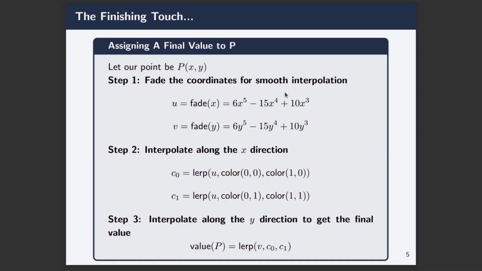So this function is like this, a fifth order polynomial, and this polynomial is chosen such that our final color function is differentiable, has a continuous first and second derivative.